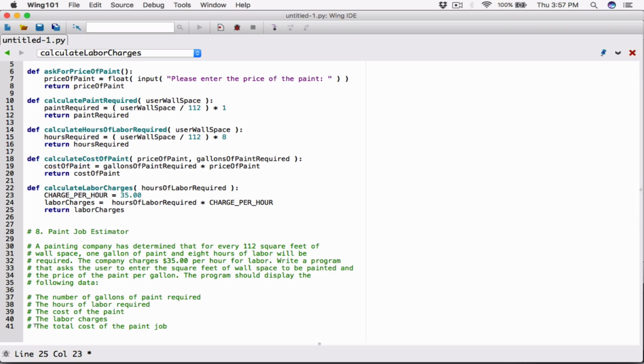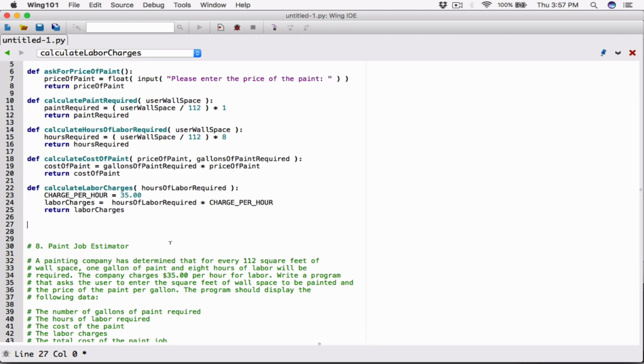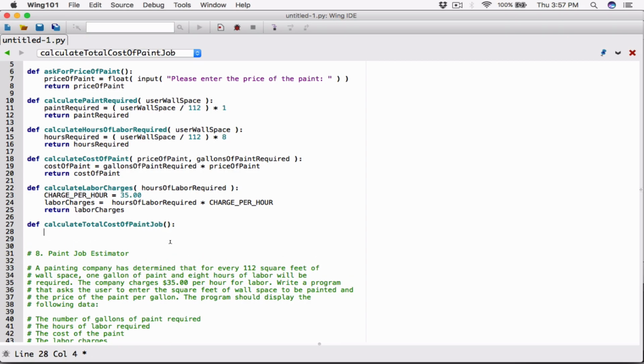And the last thing we need to do is the total cost of the paint job. So let's define a function that's going to calculate the total cost of paint job. It's a long name, but you can make it short if you want. I like long names just to make it clear.